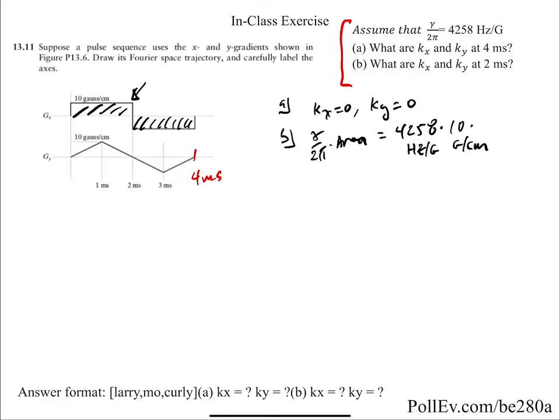And then we have 2 times 10 to the minus 3 seconds. That should all divide out to give inverse centimeters. And I believe the answer is 85.16 inverse centimeters? Everyone got that?